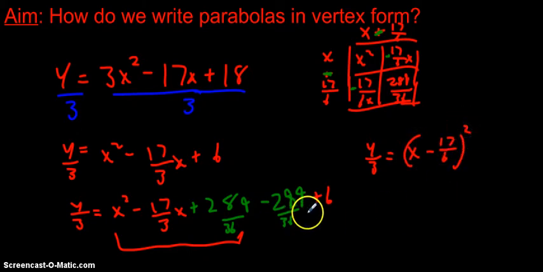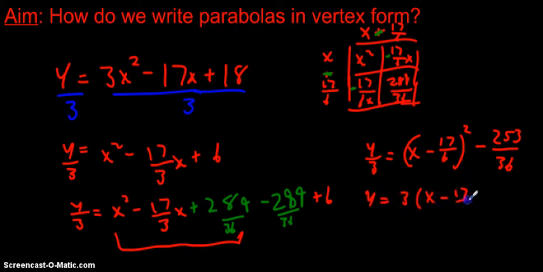What is 289 plus 36? 253, so that's negative 253 over 36. Now we have to multiply everything by 3 to get our final vertex form. So y is equal to 3 times x minus 17 over 6 squared minus 253 over 12.